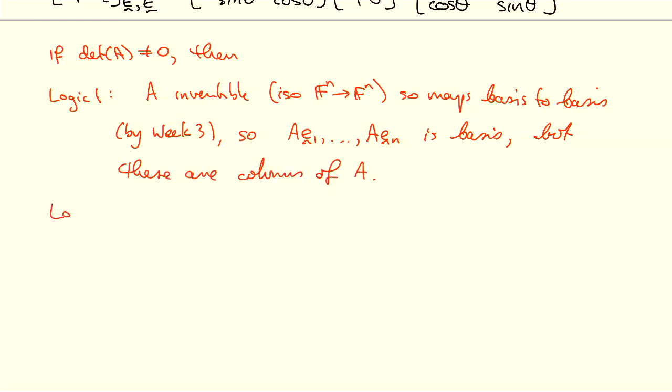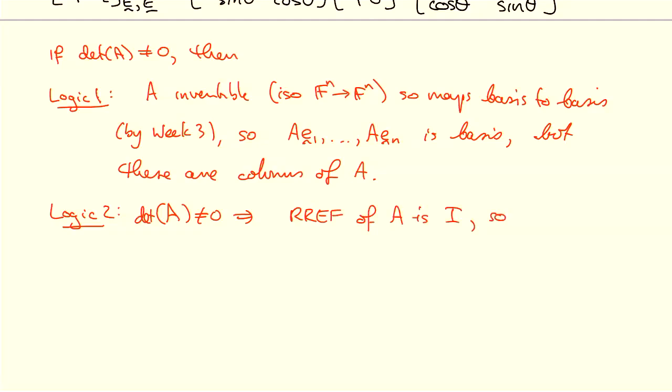Another logic, both perfectly fine, just different ways through the woods. Det A non-zero means the reduced row echelon form of A is the identity.